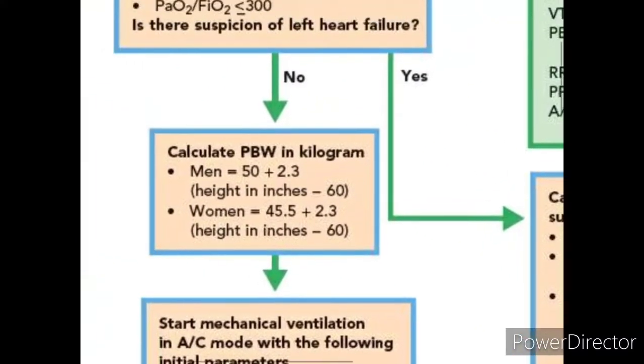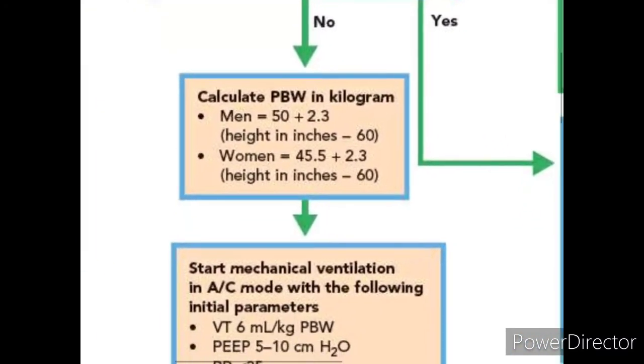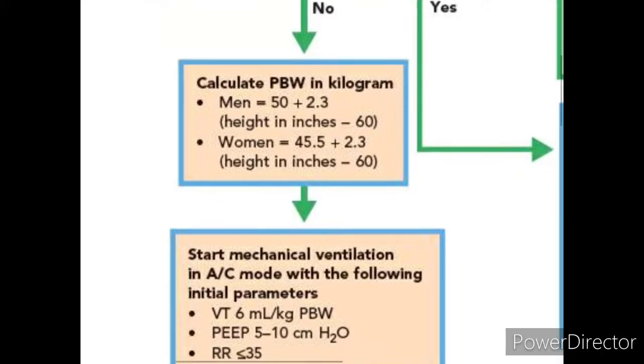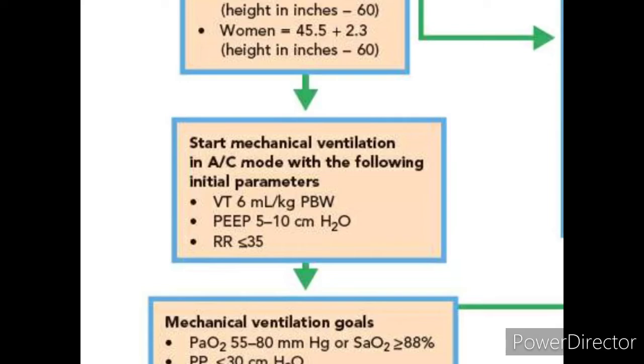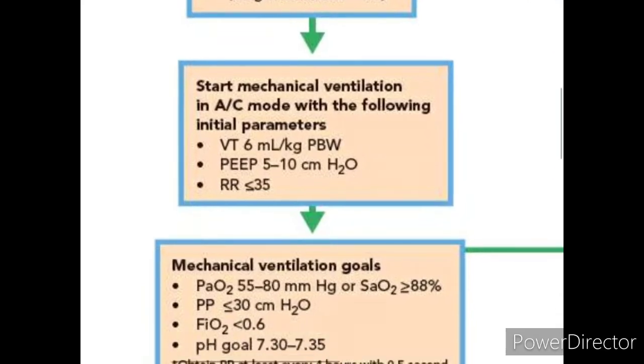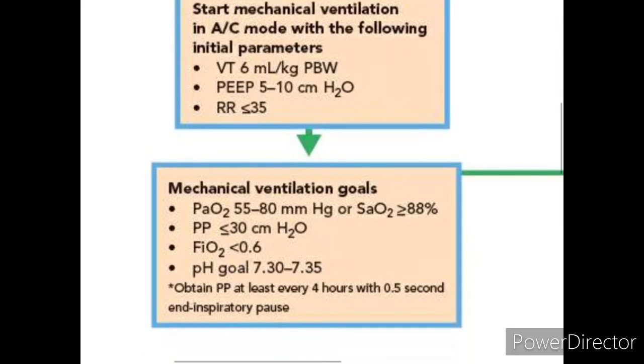If not, then with the calculation of the predicted body weight in this manner, you start mechanical ventilation in assist control mode with the following initial parameters as stated earlier: tidal volumes of 6 ml per kg, PEEP of maybe 5 to 10 centimeters of water, and respiratory rate less than 35.